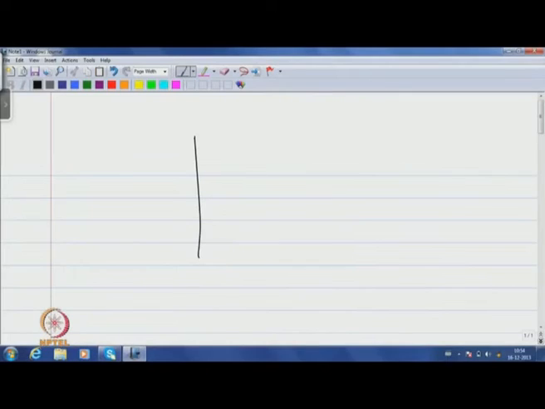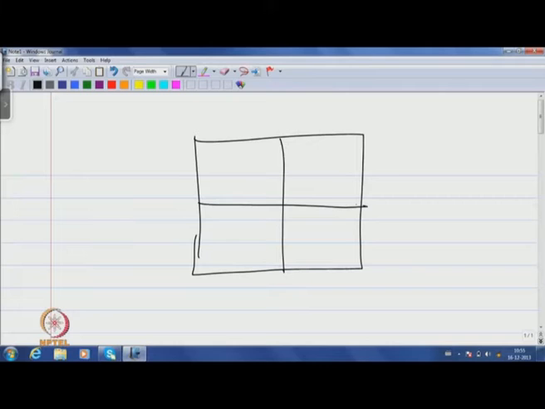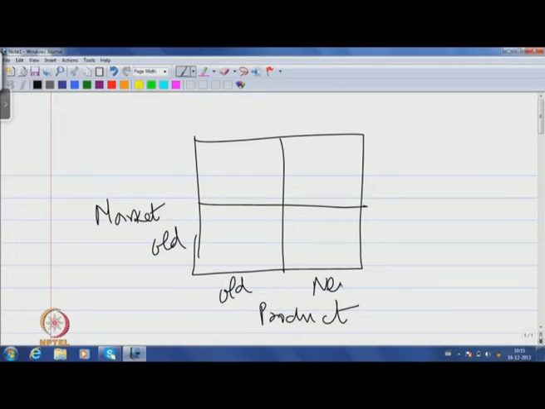Remember, we used this grid where we had the product, the market, old market, old product, new product, new market.